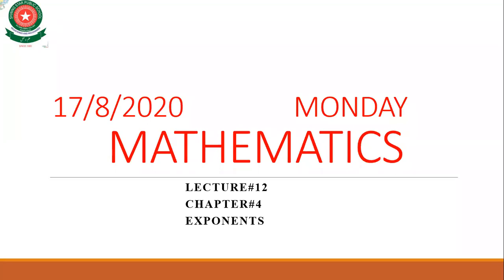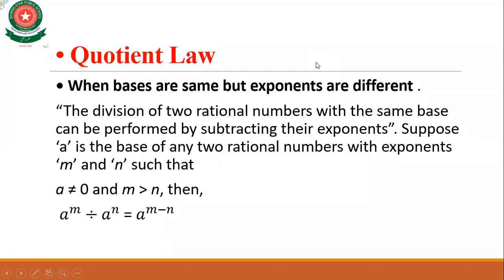But before starting exercise 4.3, first of all, you have to know about some rules that we have used in exercise 4.3. One is the exponent law. So when bases are same but exponents are different.